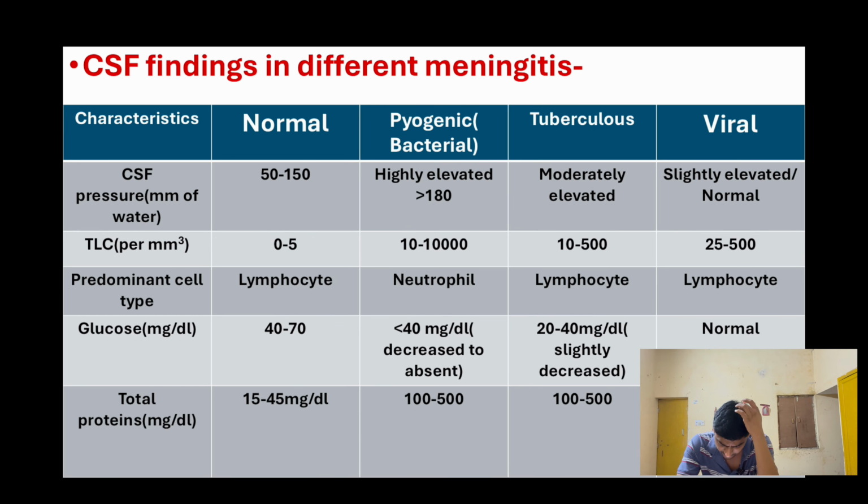So we have discussed various types of agents of meningitis: pyogenic bacterial agents, viral agents, fungal agents. Now we will discuss the CSF findings in different types of meningitis.